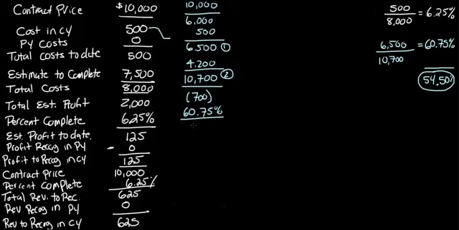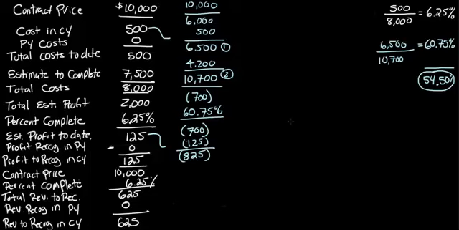Now, when we have this loss, the one thing you have to recognize is that in the percentage of completion method, we recognize the entire loss immediately. We don't take a percentage of it. We recognize all of it now. If we stick with this formula and subtract out the estimated profit to date, that 125, then the profit to recognize in the current year is a negative 825.